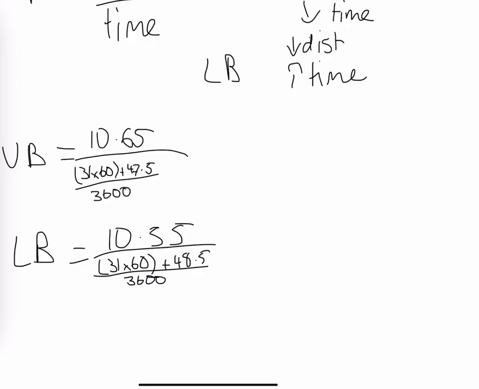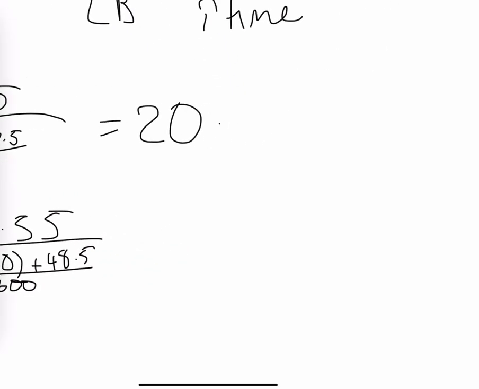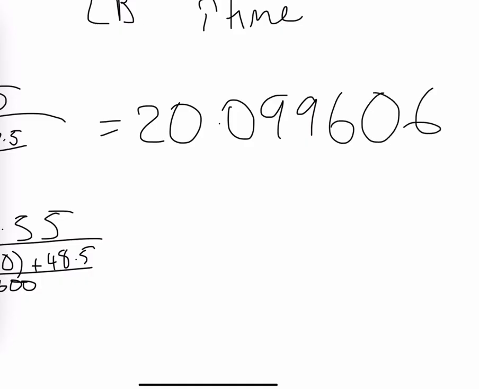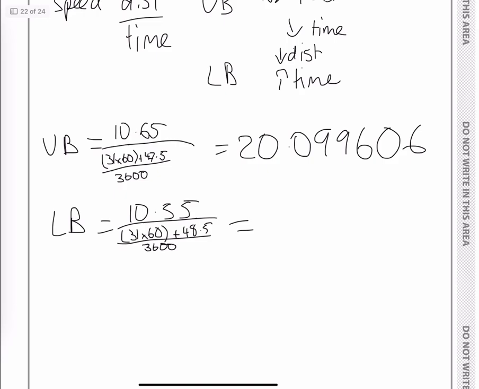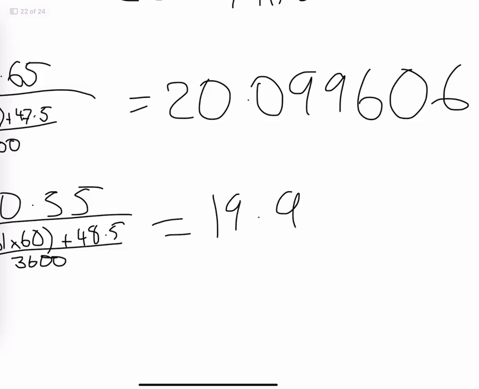Over 3600. So that gives my upper bound as 20.099606. Sorry if you can hear the thunder, I probably should have shut the window. And the lower bound is, and remember we need all these extra digits for when we do our rounding, except no we don't in this case, 19.9.